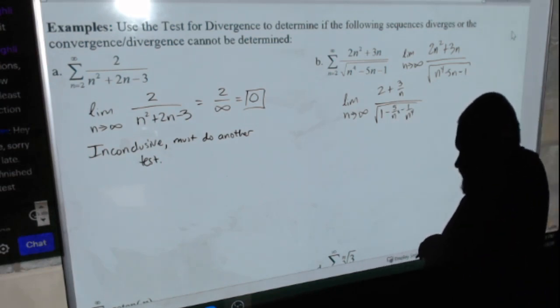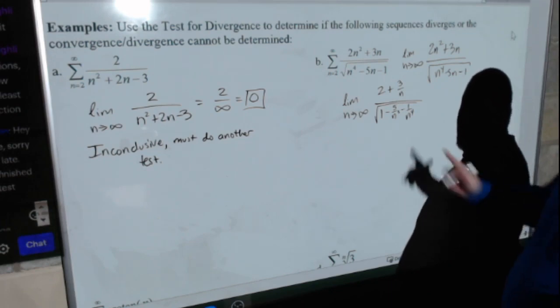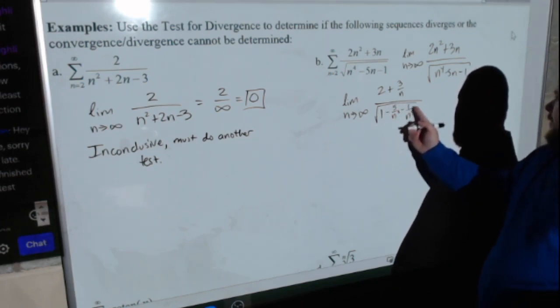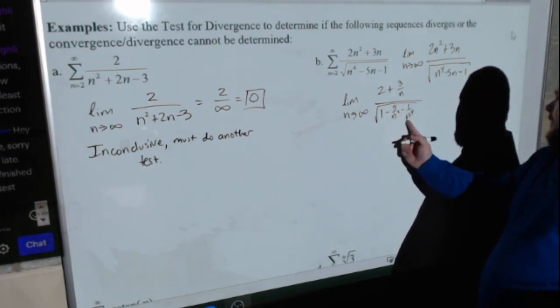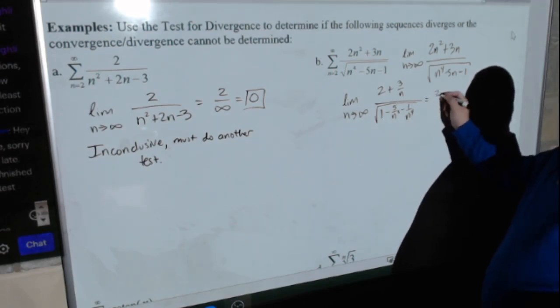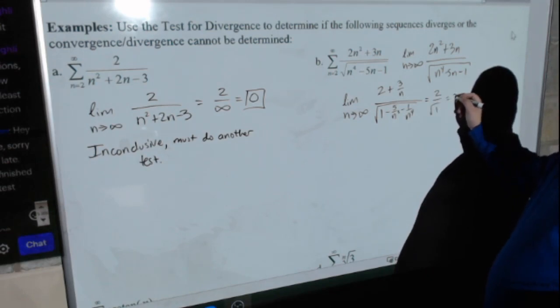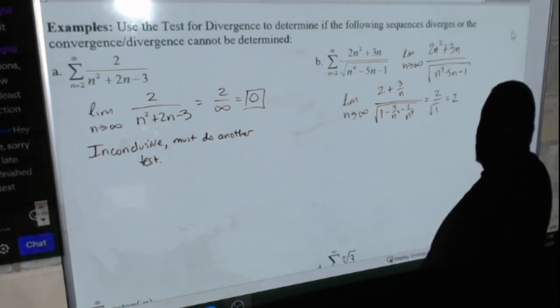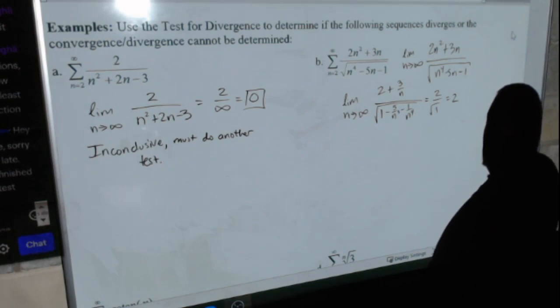So by doing that, now everything divided by n, when I take this limit, goes to 0. So I just get 2 out of that.